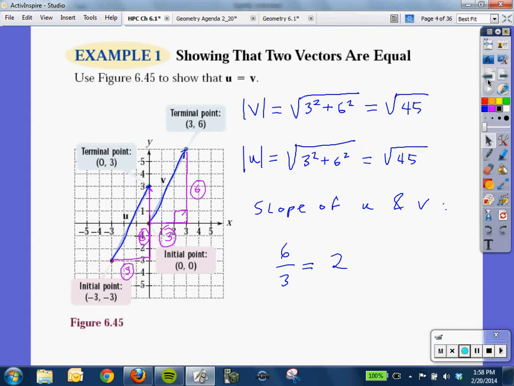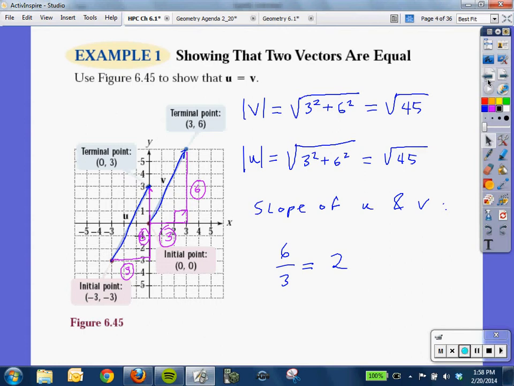The first thing that I did is find the length of the vector by using the Pythagorean theorem, essentially. I made right triangles, found the legs of the two triangles, and used the Pythagorean theorem to find the actual length of the vector.